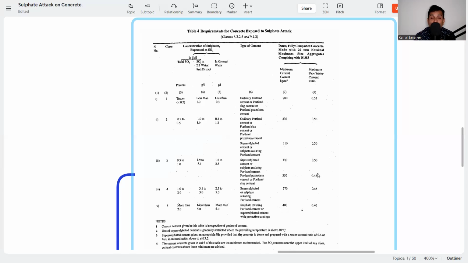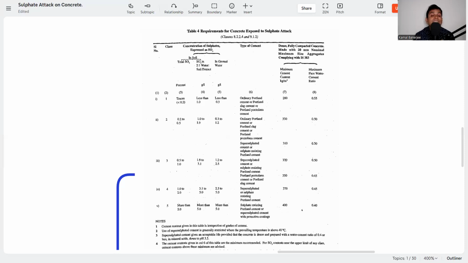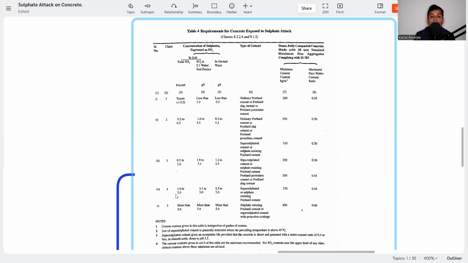So this Table 4 is very important whenever we are doing the mix design, if we know the exact percentage of SO3 present in the soil or in the groundwater, and accordingly we need to do the mix design. Here it is also given that if the soil SO3 is 1.0 to 2, then supersulfated or sulfate resisting Portland cement can only be used, and the minimum cement is 370 and the maximum water cement ratio is 0.4.